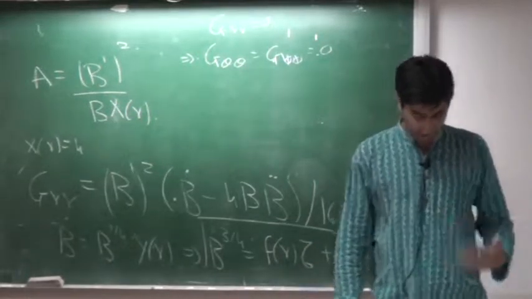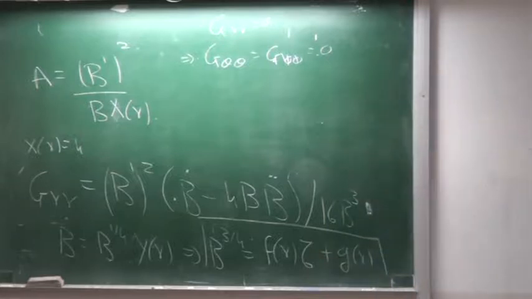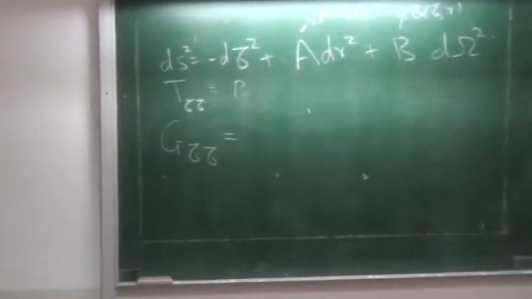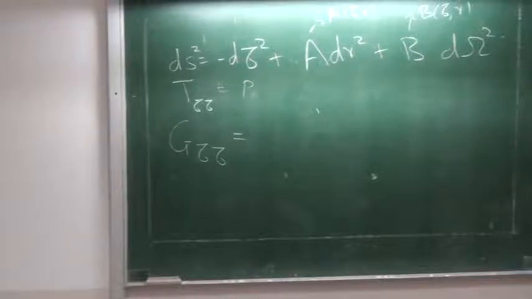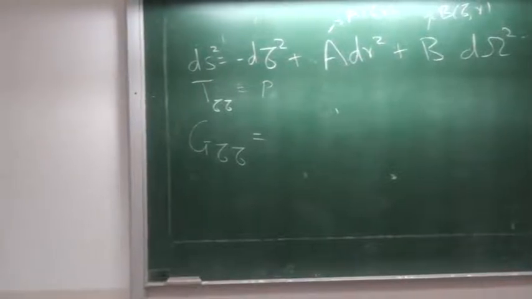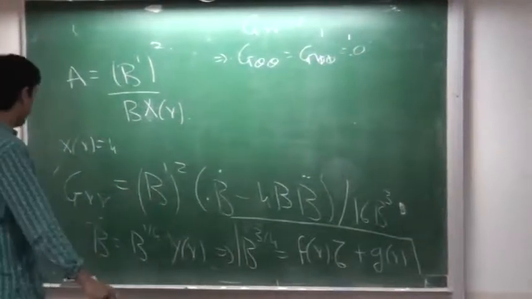So now we can work out what g tau tau is. If you have B dot is equal to B to the 1 by 4 into some function of r, then you integrate that.